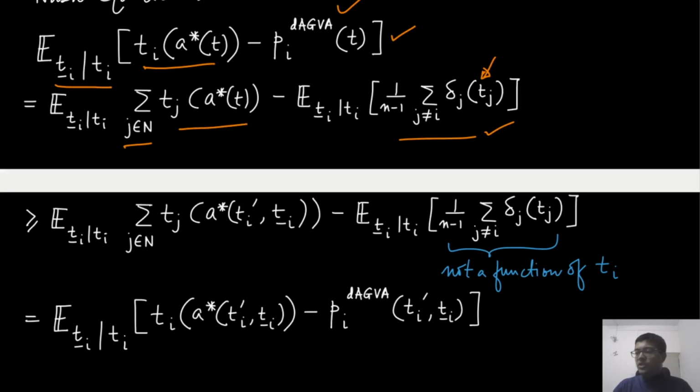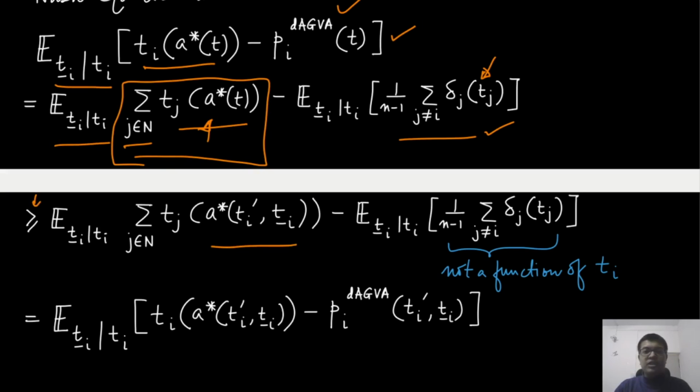Now we know that by definition of A star, that is this efficient allocation, this sum is getting maximized for every type profile, so it will also get maximized even if you take some expectations. So this inequality should always hold, even if player i reveals his type untruthfully.